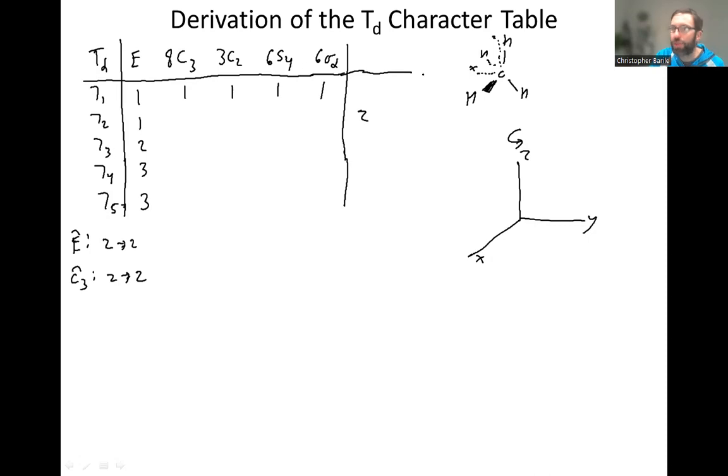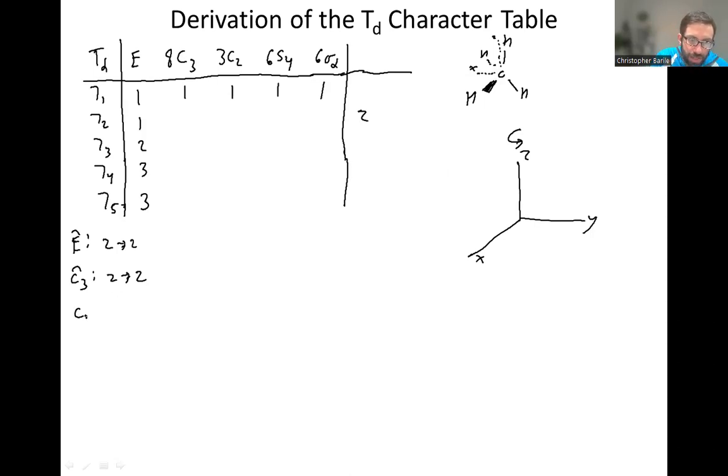We have 8 C3s, but we only have to pick one symmetry operation from that class because mathematically they're all the same. So we're choosing the one that is coincident with the z. Now, if you have a z pointing up, we've done this many times in other videos, and you're rotating it at 120 degrees, it's still going to be pointing up. So z goes to z.